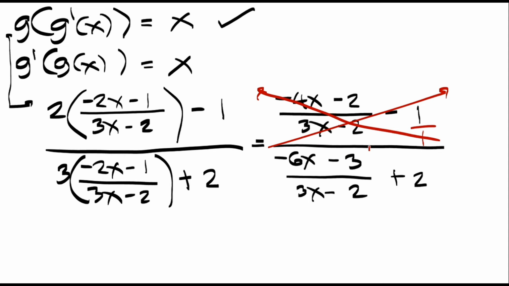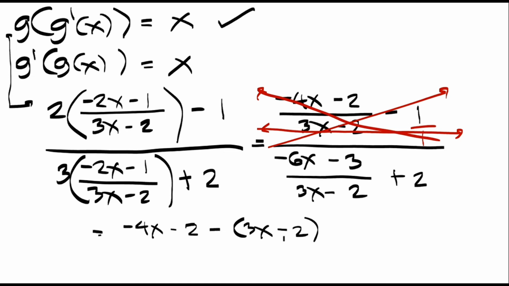The denominator is equal to the product of the two denominators. So we have 1 times negative 4x minus 2 is negative 4x minus 2, and then minus 3x minus 2 times 1 is 3x minus 2, and this is all over 3x minus 2.